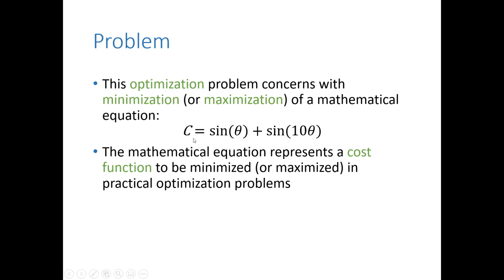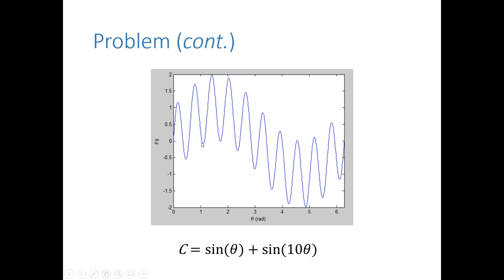Even though this seems to be trivial, this represents a cost function to be minimized in practical optimization problems. And if you plot it, this is how it looks. Obviously, you don't have to use a genetic algorithm to find this point, because from observation you can just see that this solution here will give you the smallest cost value.